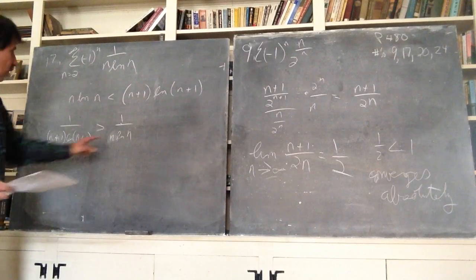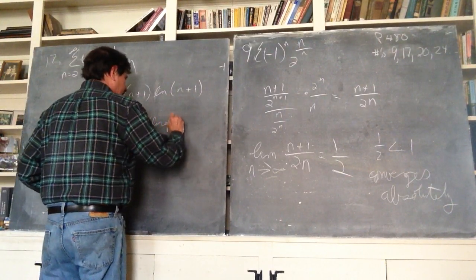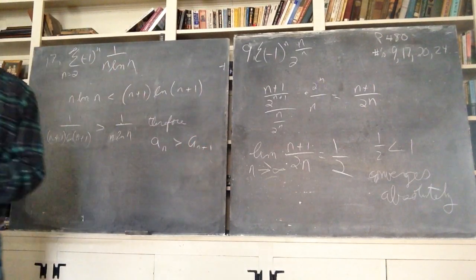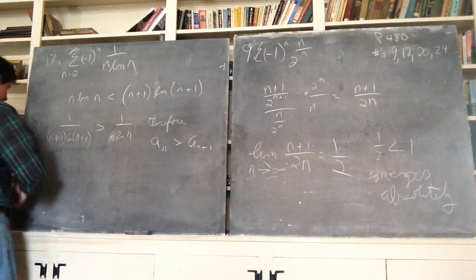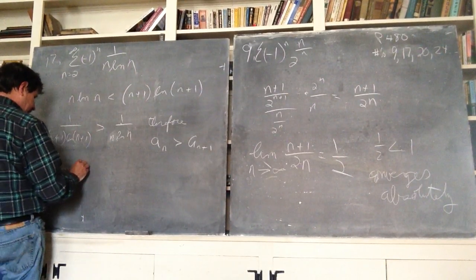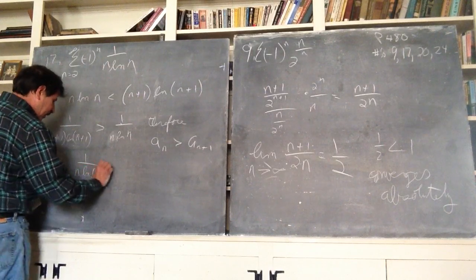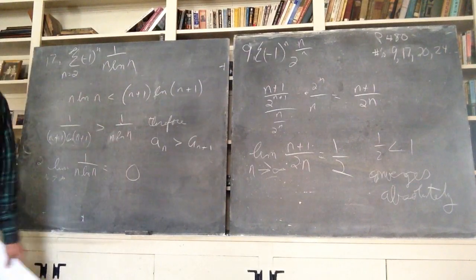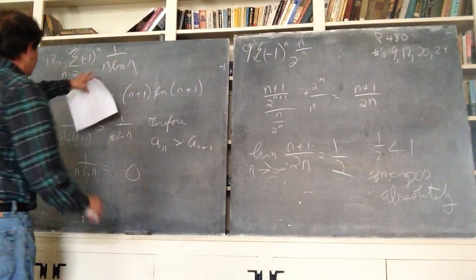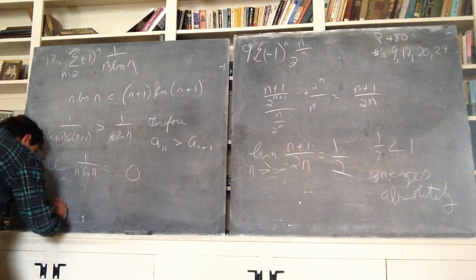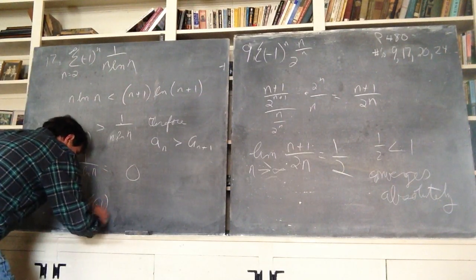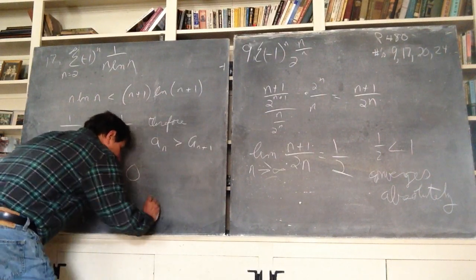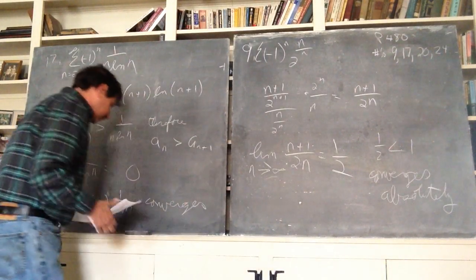That's the lesser of the ones. So, therefore, in the alternating series, a sub n is greater than a sub n plus 1. That's one thing. And then two, the limit of 1 over n ln n, as n goes to infinity, is 0, which means that this alternating series converges.